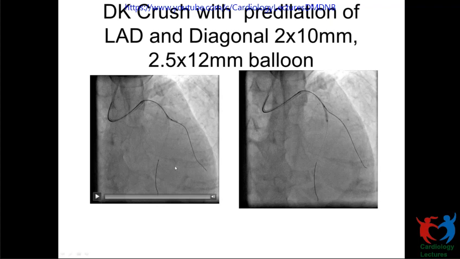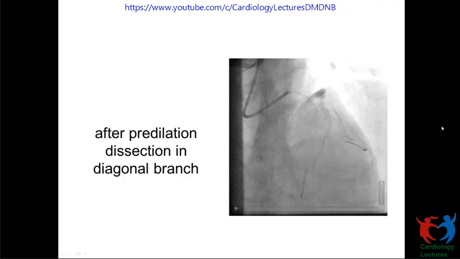I could dilate LAD with the workhorse BMW wire, but to wire this diagonal, I had to take a Fielder XT. So I wired this with the help of a microcatheter with a Fielder XT wire, and then we did sequential dilatations in diagonal and LAD. After dilatation, we changed this wire to a workhorse wire.